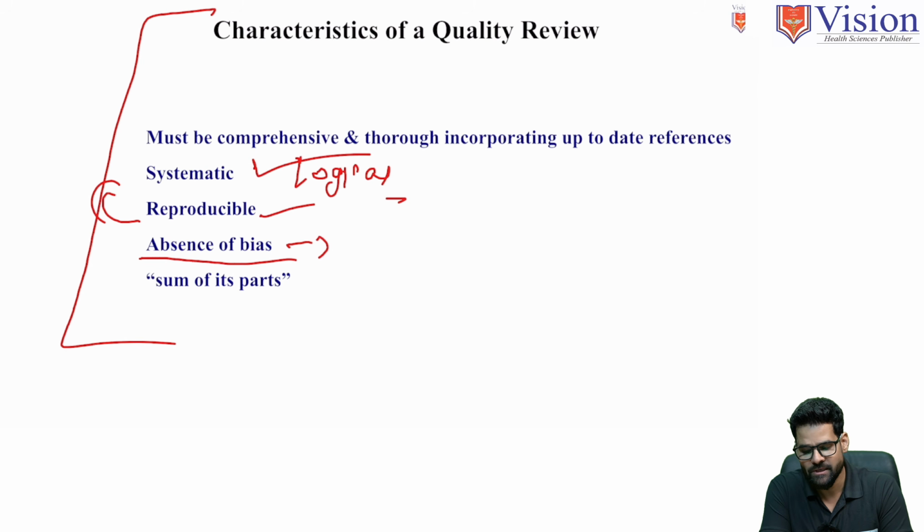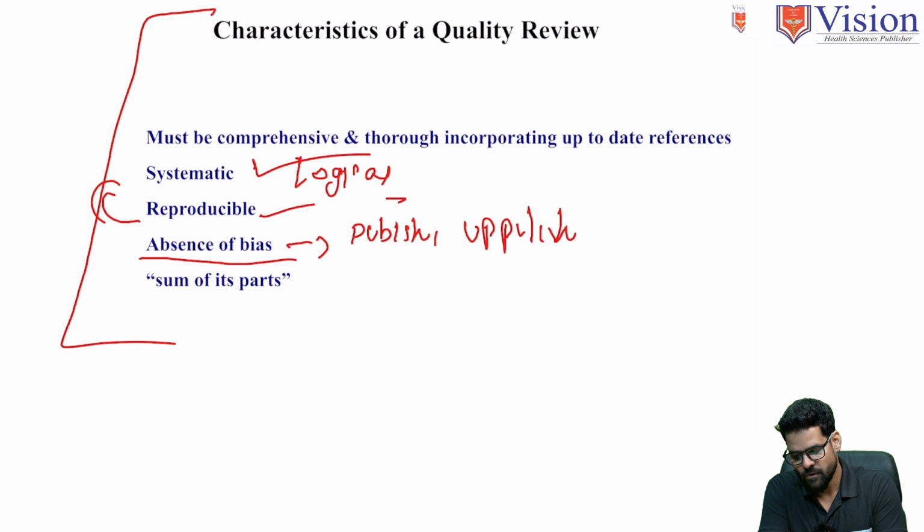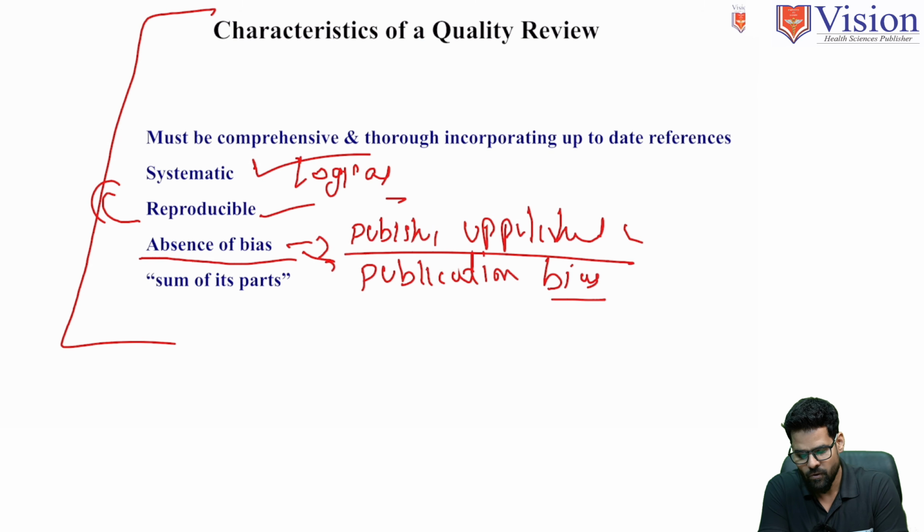Whenever you write a literature review, you should have a combination of published and unpublished studies, meaning you should check for publication bias.